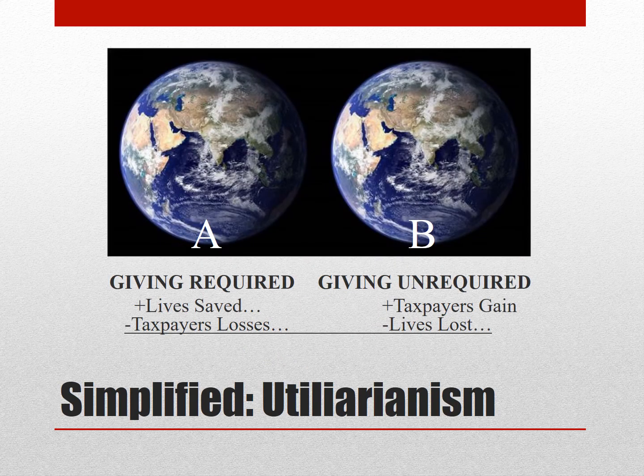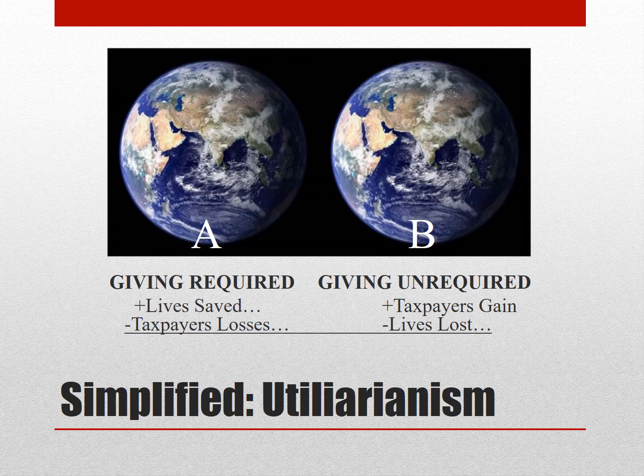Now, the reality of that question is a complicated one. But for simplicity's sake, let's imagine for now that what we're asking is, should we prefer World A, in which the giving is required of taxpayers, or World B, in which we don't require such giving? After all, our actions of either putting the policy in place or not will bring about alternative worlds.